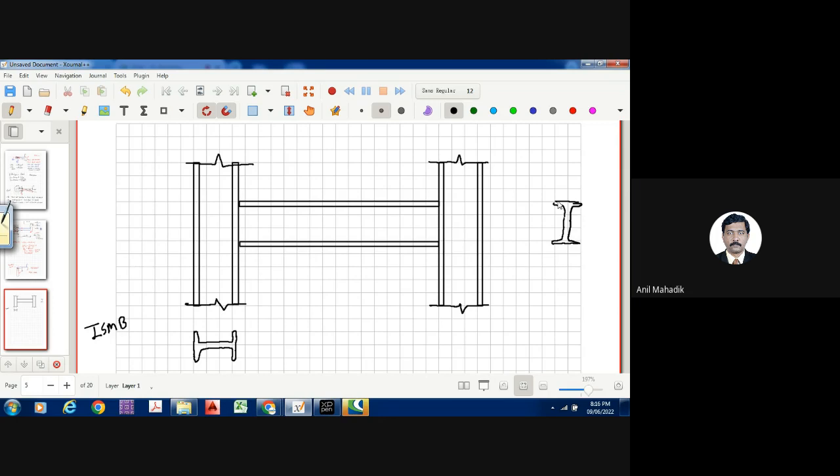Now tell me how to make this simply supported. Matlab simply supported means hinge. I want hinge here, I want hinge here. That means I don't want to create any moment here. Hinge means what? No moment. Yes or no? So मुझे ये दोनों support को hinge करना है practically.